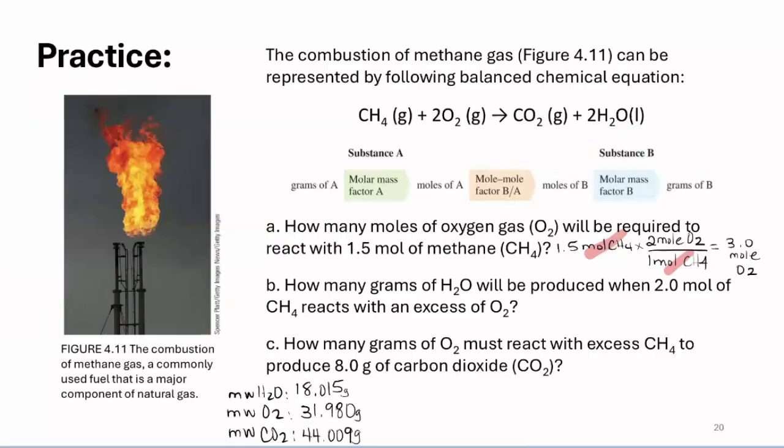I'm starting with 2.0 moles of CH4. So then to find the moles of water, I need to look at the relationship between water and CH4. Because I'm trying to cancel the moles of CH4, and the coefficient here for CH4 is a 1. It's not written.